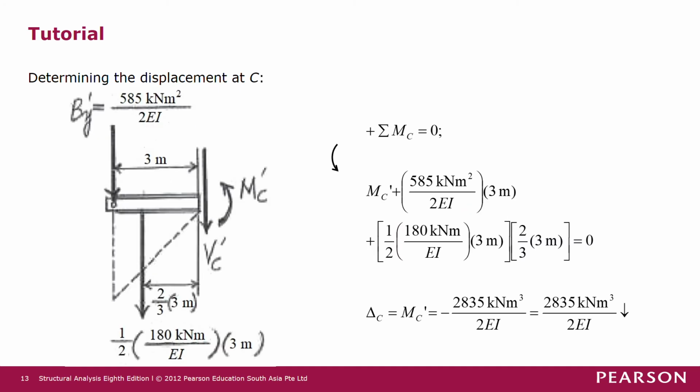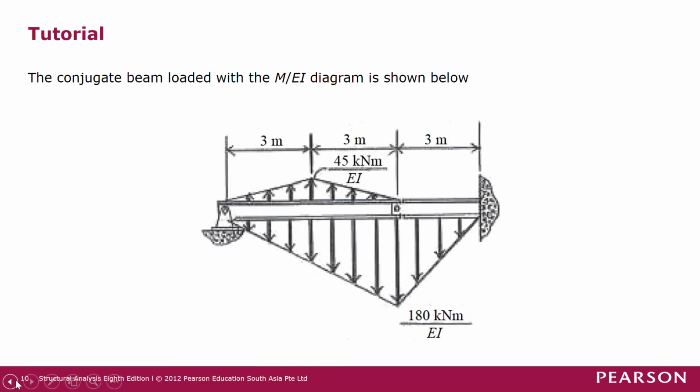Next, we want to determine the displacement at C. So for displacement at C, we need to isolate this part of the beam as the free body diagram. So at the fixed end here, we have the bending moment and shear force, and at this hinge here, we have By prime.